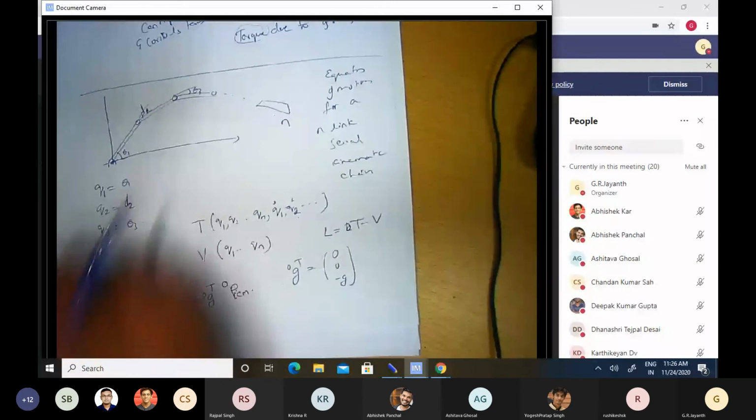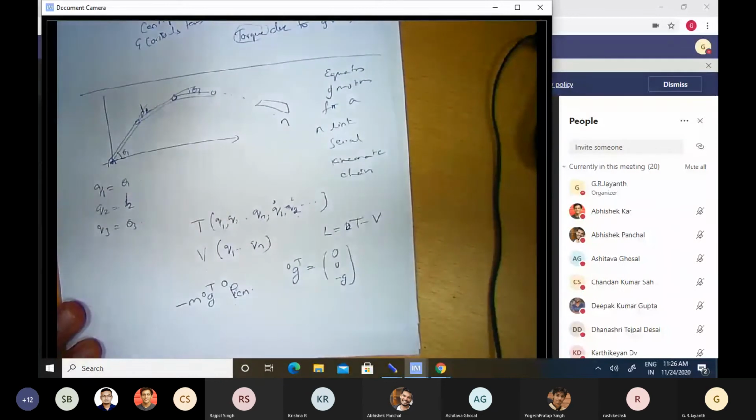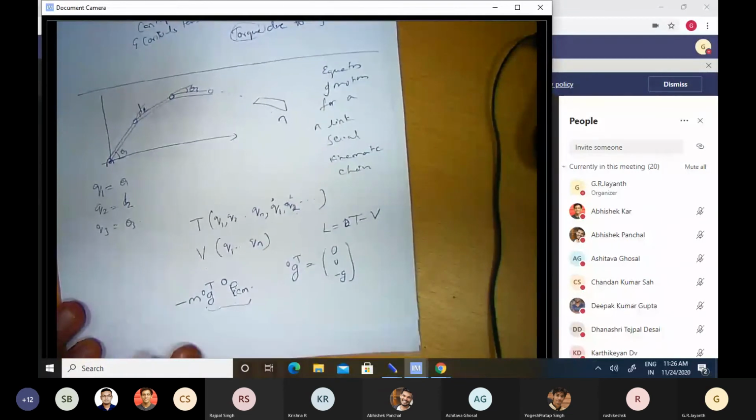So mgh is the correct expression. I have written that height as a dot product of these two vectors, and this is the potential energy of the ith rigid body. Any questions about this? Okay, that's good to know that there are no questions.